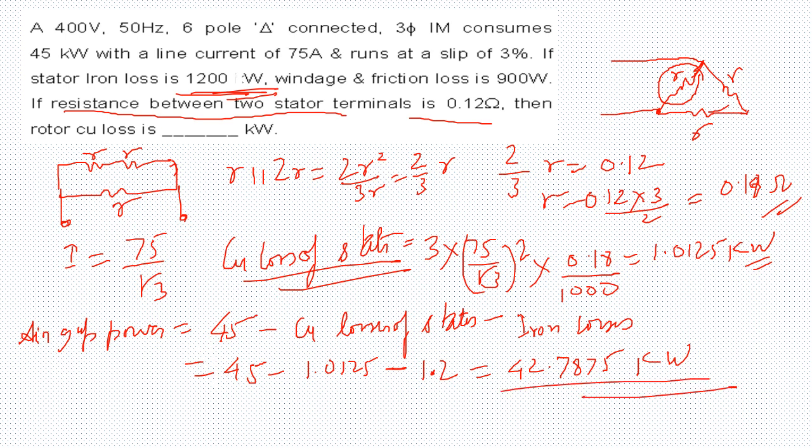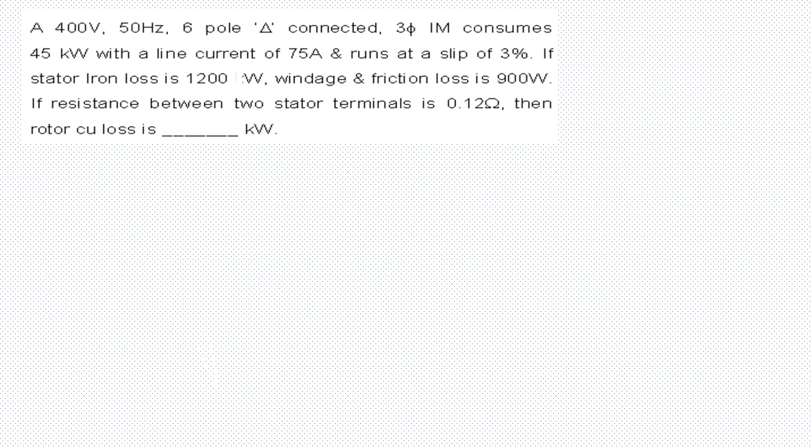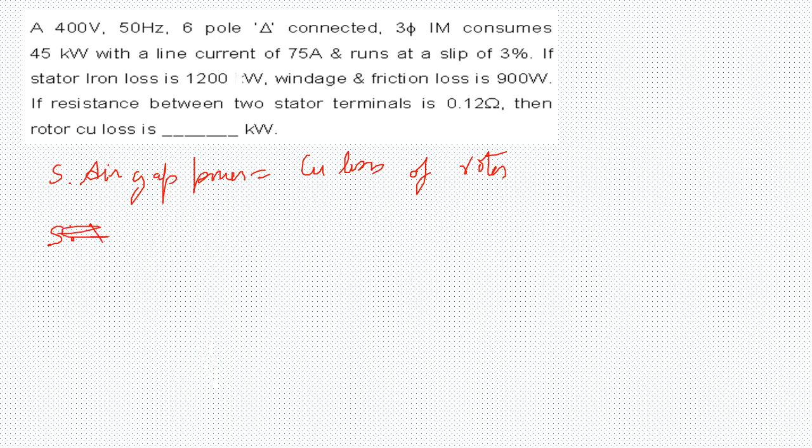Now that we have the air gap power, the task is simple. S times air gap power is going to give me the copper losses of the rotor. S is 0.03 as mentioned in the question, since it is 3%.